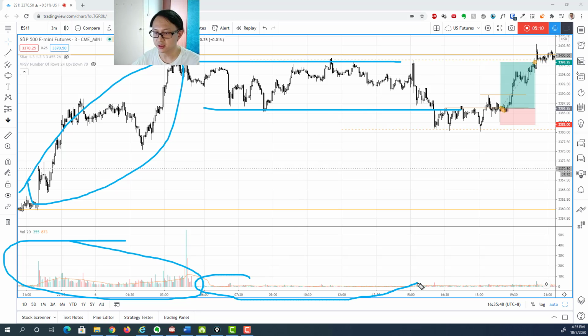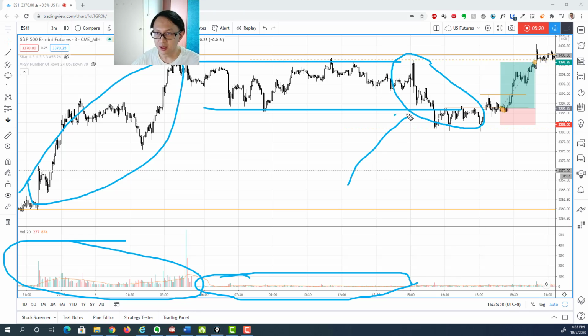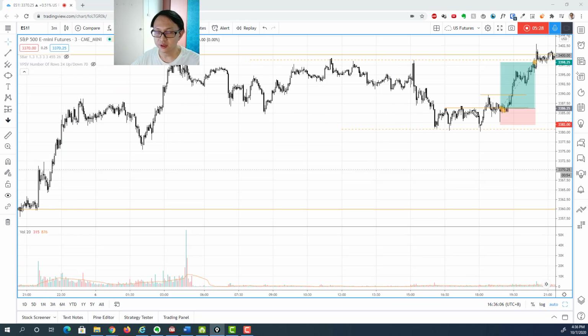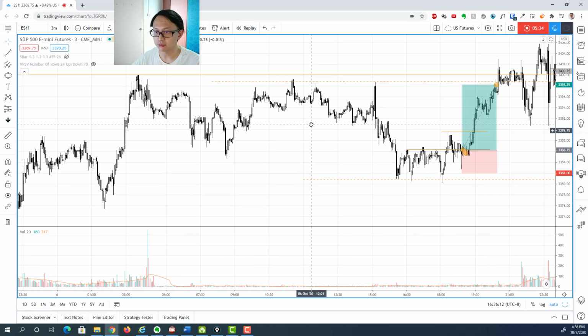That actually happened during the Asian session, and when the London European session is active, we have seen a bit of volatility come in and have a reaction down, and that is also reflected in the volume. So overall, before the US market open, I think everything looks pretty normal and is relatively bullish.